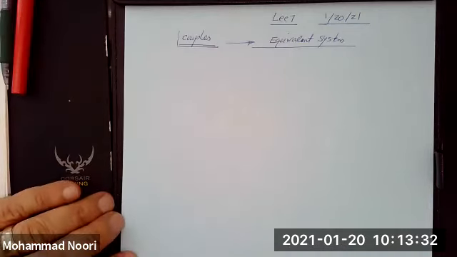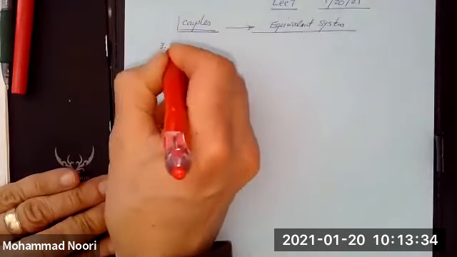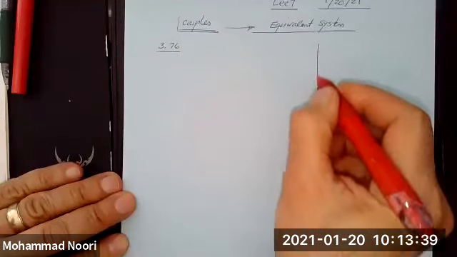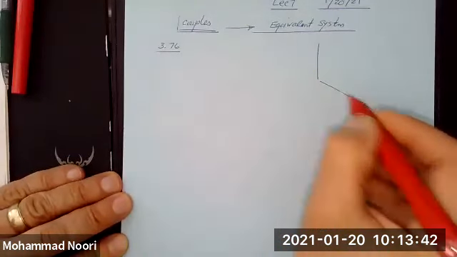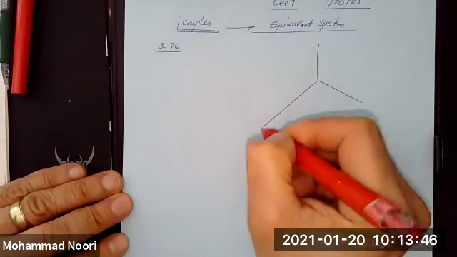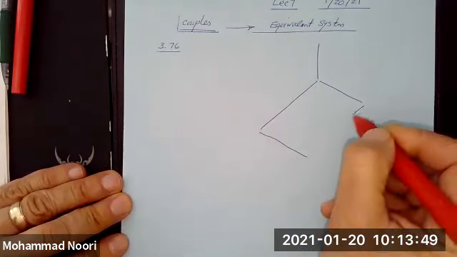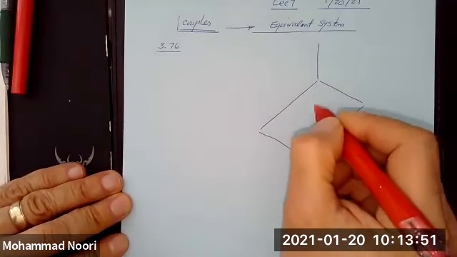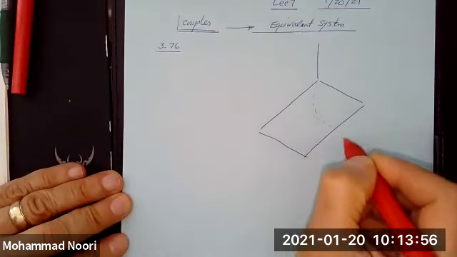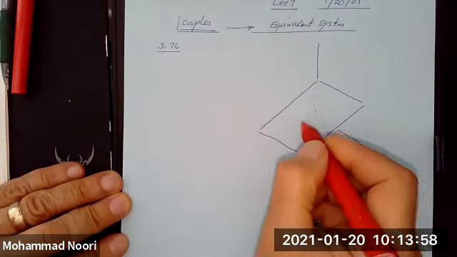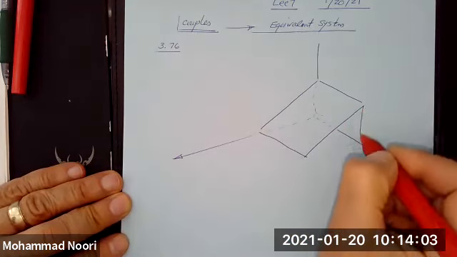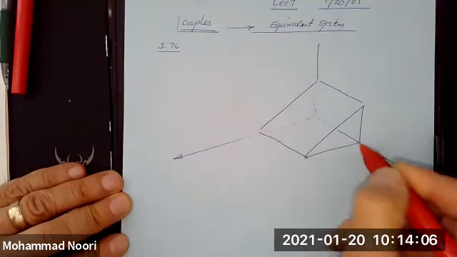So I will start with this problem. It's a very good couple problem in 3D. So this is the problem, okay? We do have an object that looks like this. So we have a 3D object like this.